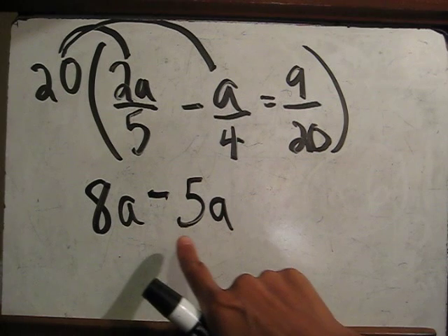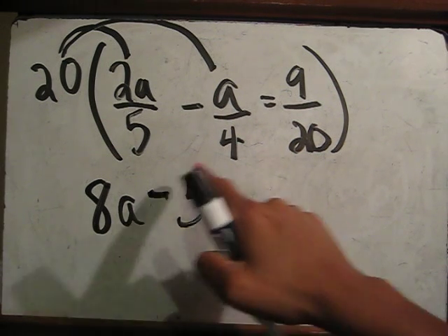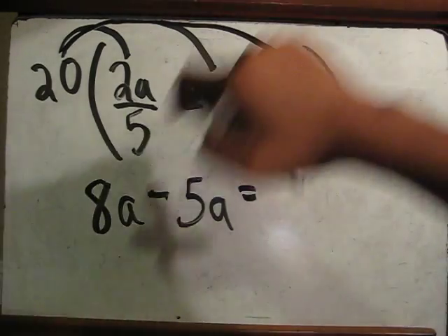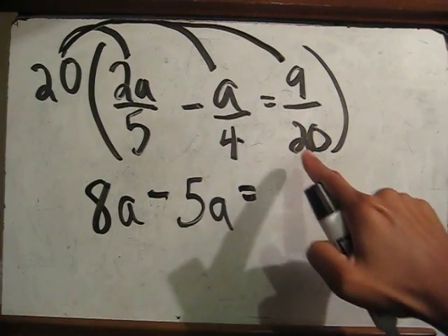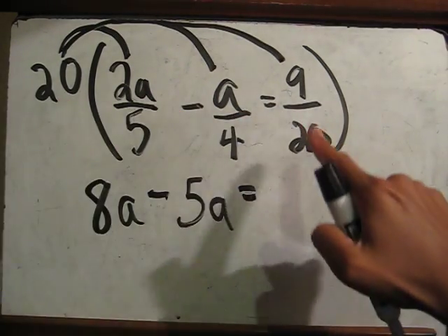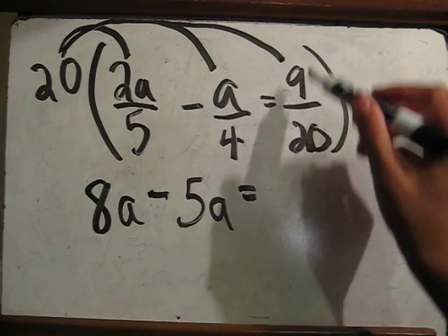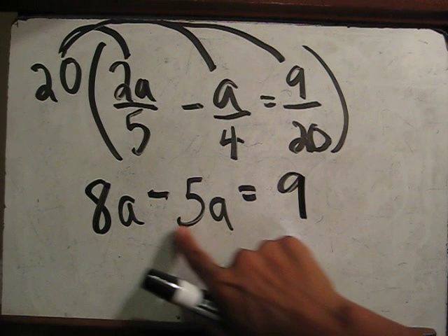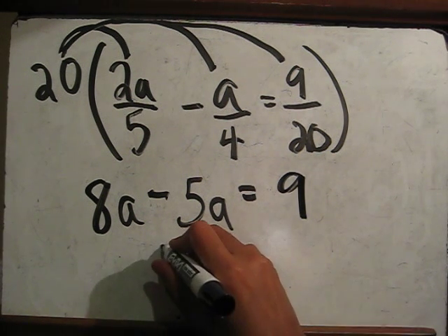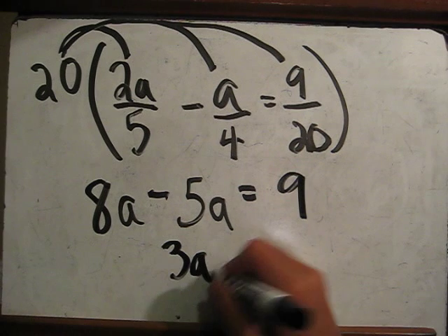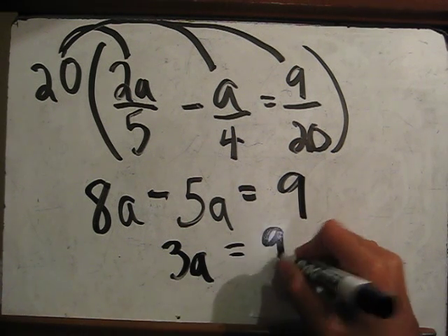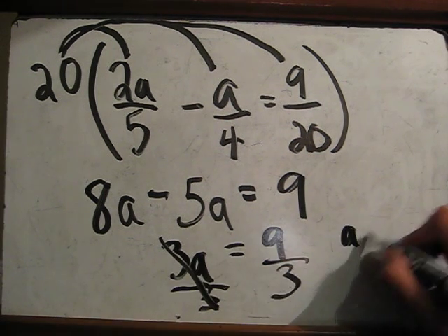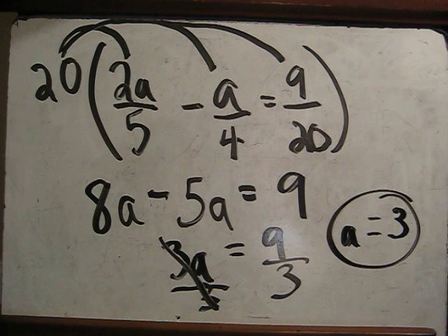So 8a minus 5a. Then we distribute the 20 to 9 over 20. You can cancel those out and you're left with 9. 8a minus 5a equals 3a, equals 9. Divide by 3 on both sides, and we have a equals 3.